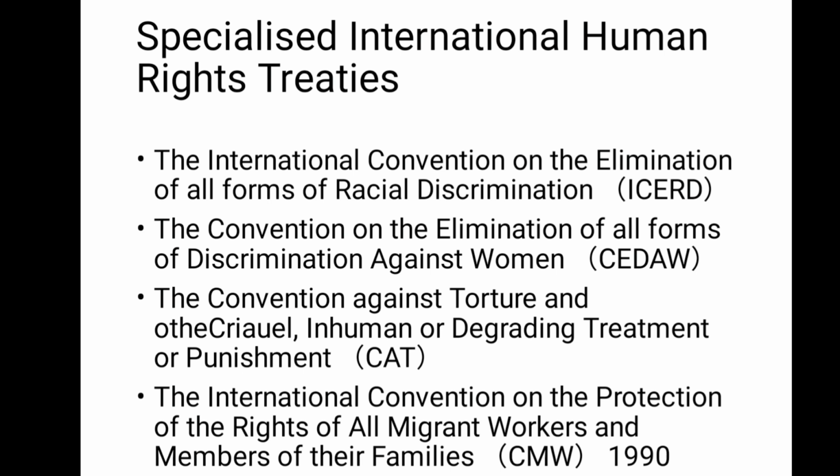Then the principal definition of this convention is any distinction, exclusion, restriction, or preference based on race, color, descent, or national or ethnic origin, which has the purpose or effect of nullifying or impairing the recognition, enjoyment, or exercise on an equal footing of human rights and fundamental freedoms in the political, economic, social, cultural, or any other field of public life.